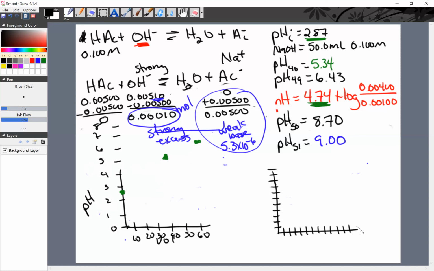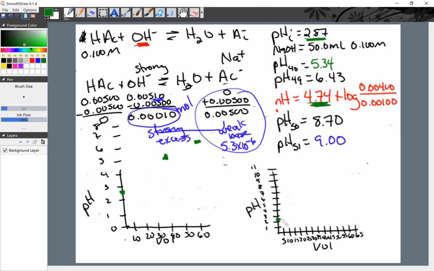This is giving me flashbacks to college algebra. So 0, 1, 2, 3, 4, 5, 6, 7, 8, 9, 10, and 11. And we'll go 5, 10, 15, 20, 25, 30, 35, 40, 45, 50, 55, 60, and 65. All right, let's do this again. At 0, it was 2.87.